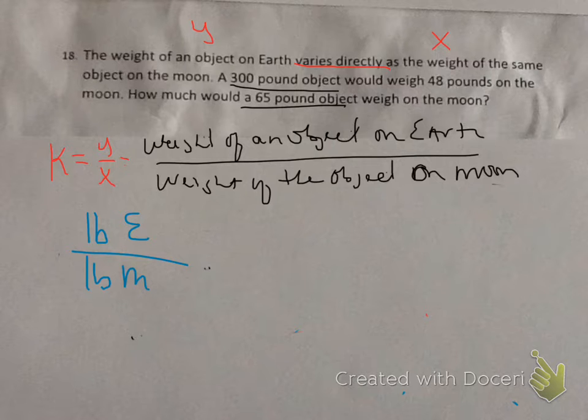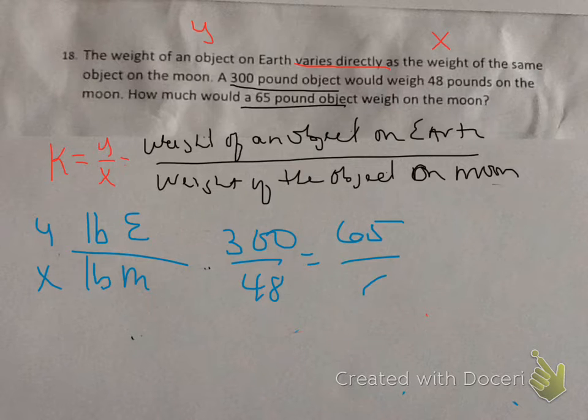Just like we have our y and k, it's still our y and x though. So we'd have 300 over 48, because this is 300 pounds, how much would it be, 48 on the Moon? So 48's on the bottom, 300's on top. Then this is how much would 65 pounds weigh on the Moon? So 65 has to be on top and the x on the bottom.